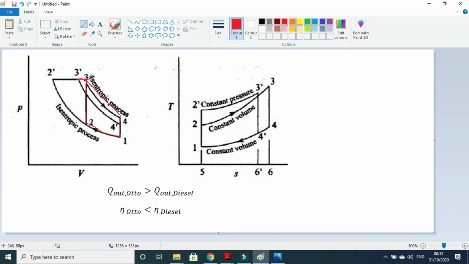So they should come at the same point. Right now it's wrong. This 3 dash is a little bit higher than the 3. This is a wrong figure. In the actual figure, it should be like this: 1 to 2, 2 to 3, 3 to 4, 4 to 1, something like this.